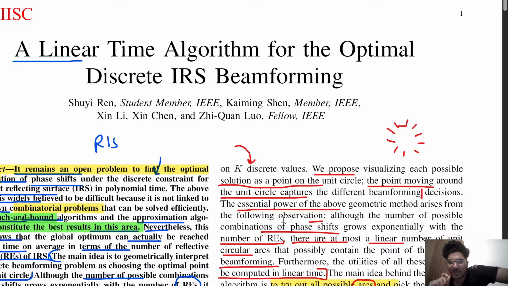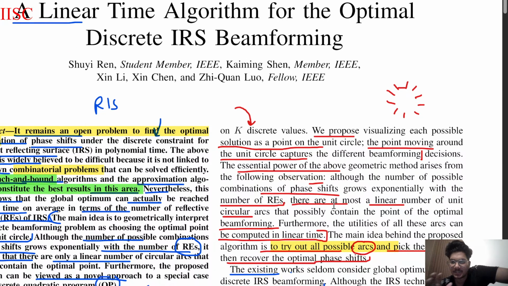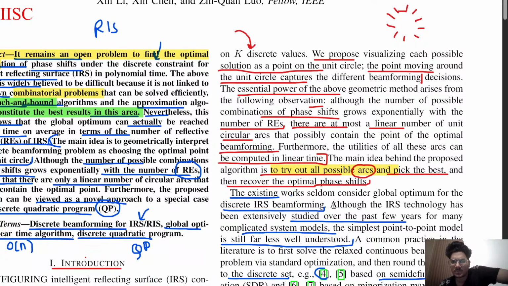The essential power of the geometric method arises from the observation that although the number of possible combinations for the phase shifts grows exponentially, there is only a linear number of arcs on the unit circle that can possibly contain the point of optimal beamforming. Furthermore, the utilities can be computed in a linear way, so we try out the possible arcs, pick the best, and recover the optimal phase.